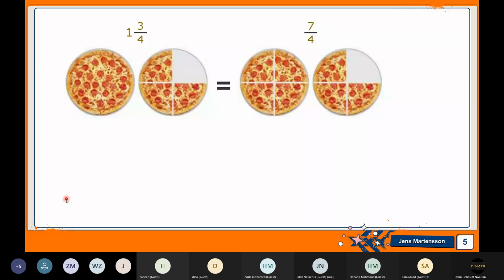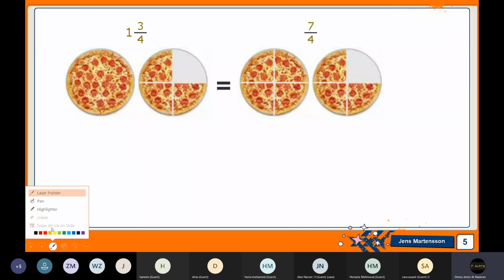Yes. Now, here, as you see, we have pizzas. The first one is 1 whole, and we have a pizza cut into 4 pieces, and we have 3 of them. So you will say we have 1 and 3 out of 4.